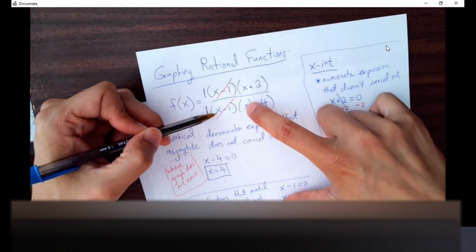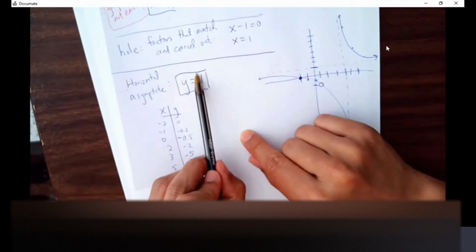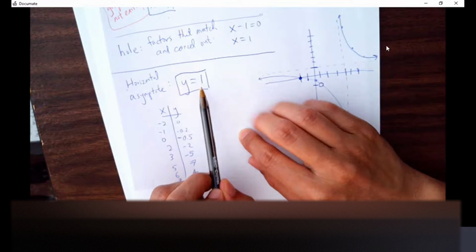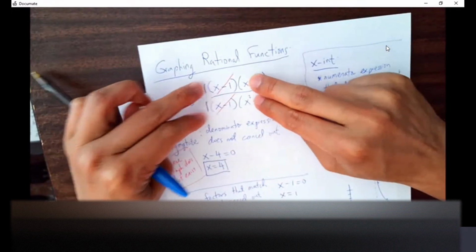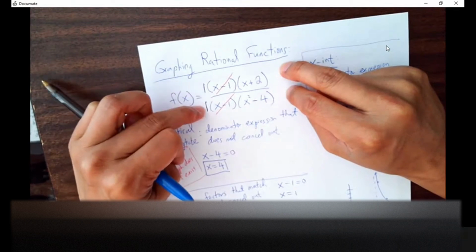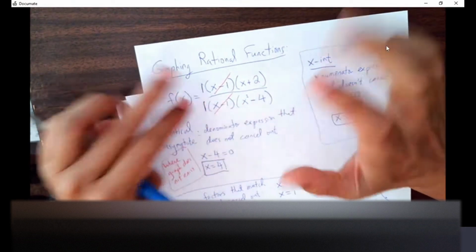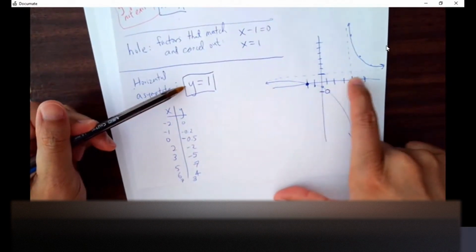So if there are more x's below than above, your horizontal asymptote will always be 0. So there are only 2 scenarios. Either they're the same, and then you just look at the number in front. If there's no number, then it's just 1. If the bottom has more, then it's always y equals 0, which is just going to be this line. Okay, let's try this one.